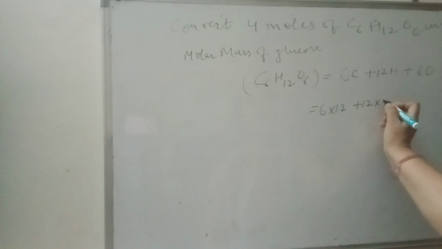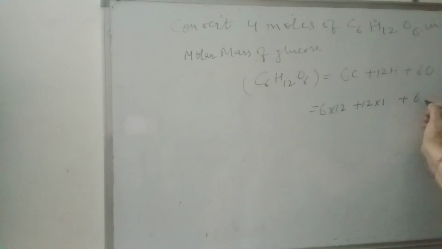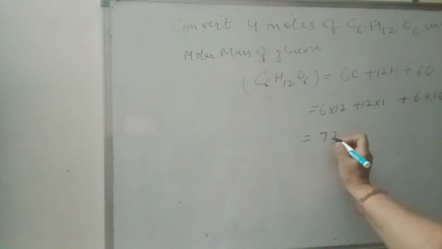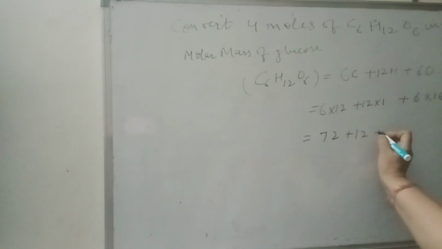Atomic mass of hydrogen is 1. Atomic mass of oxygen is 16. Now 72 plus 12 plus 96.